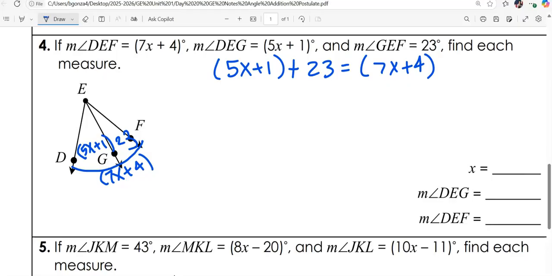Now this time the x's are not on the same side, so we can't combine them yet. But do you see how we have regular numbers 1 and 23? Combine those to get 24. Bring down 5x. This is positive, put a plus. Bring down 7x plus 4.